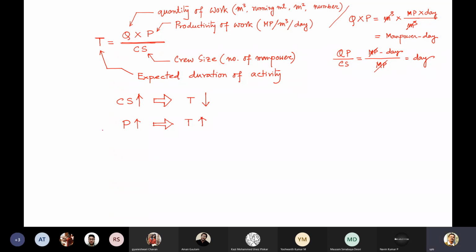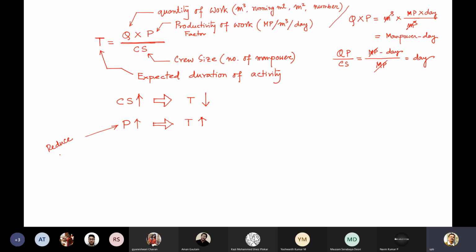So our aim will be to reduce this productivity factor. You may say it is a productivity factor because it does not directly imply the productivity. If the productivity increases, the time will decrease actually, but it is the productivity factor which, if it is increased, the time duration will also increase because it is a reverse kind of thing.